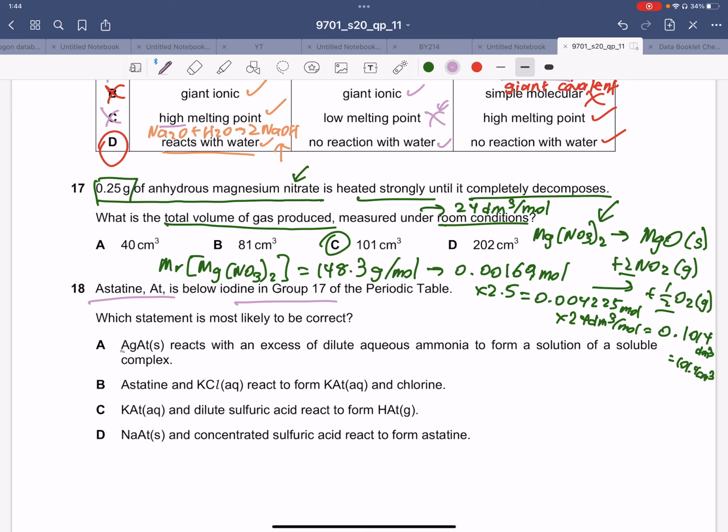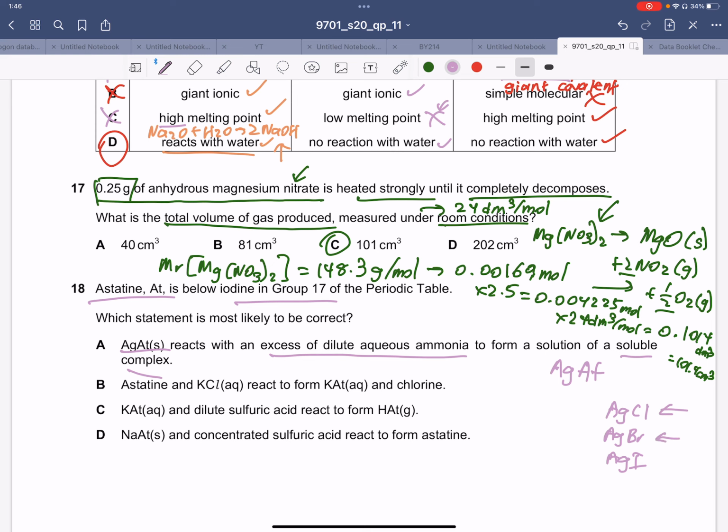AgAt solid. So that would be our silver astatide. Silver astatide would be below silver iodide. And it will react with an excess of dilute aqueous ammonia to form a solution of a soluble complex? No, it will not. Because remember how I told you that when you're looking at AgCl, AgBr, and AgI, I said this would be soluble if you were to use any form of aqueous ammonia?